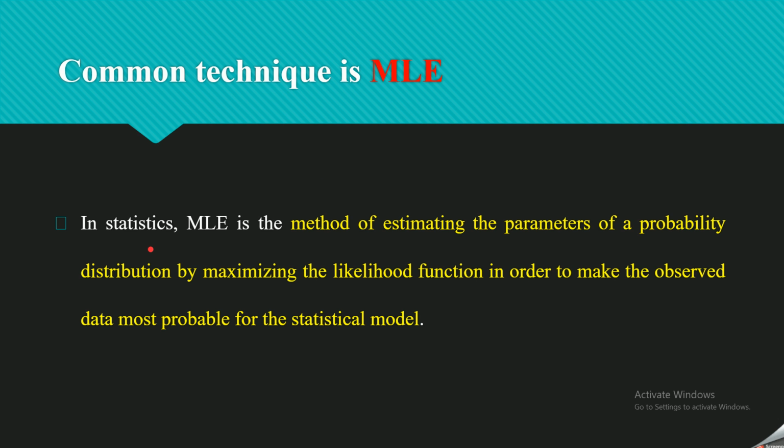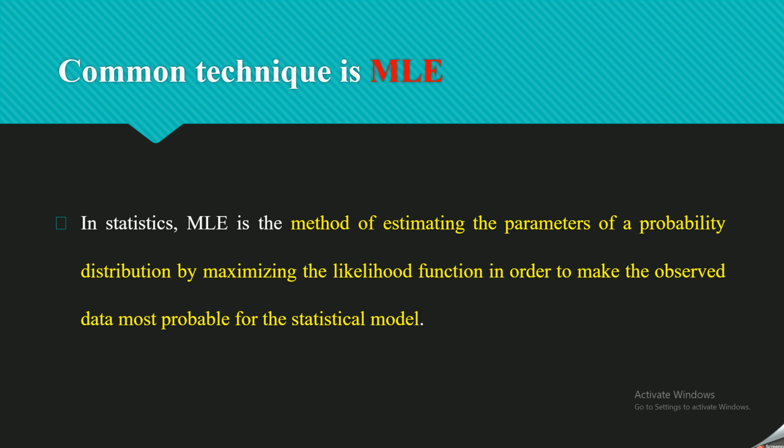In statistics, maximum likelihood estimation is the method of estimating, predicting or guesstimating the parameters of a probability distribution by maximizing the likelihood function, that is, by maximizing the probability function in order to make the observed data most probable for the statistical model.